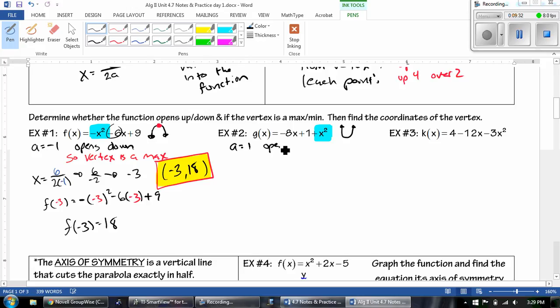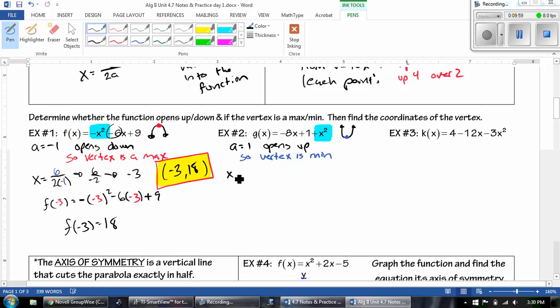So if it opens up, our vertex, which is the middle point, is a min. It's a minimum. It's the bottom of the graph.